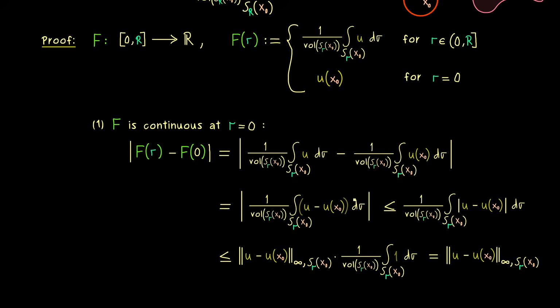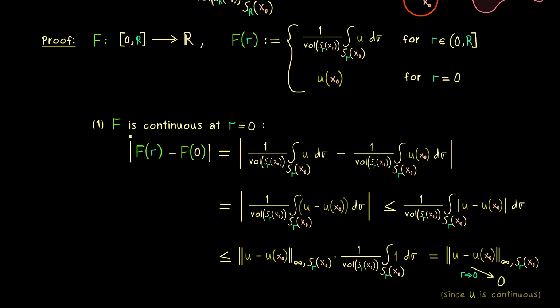And now what we want to do is to make our variable r smaller and smaller, which means the sphere gets closer and closer to x0. So obviously the supremum norm here has to go to 0 when r tends to 0 as well. So obviously there we have to use that our harmonic function u is a nice continuous function. So that was the first step.